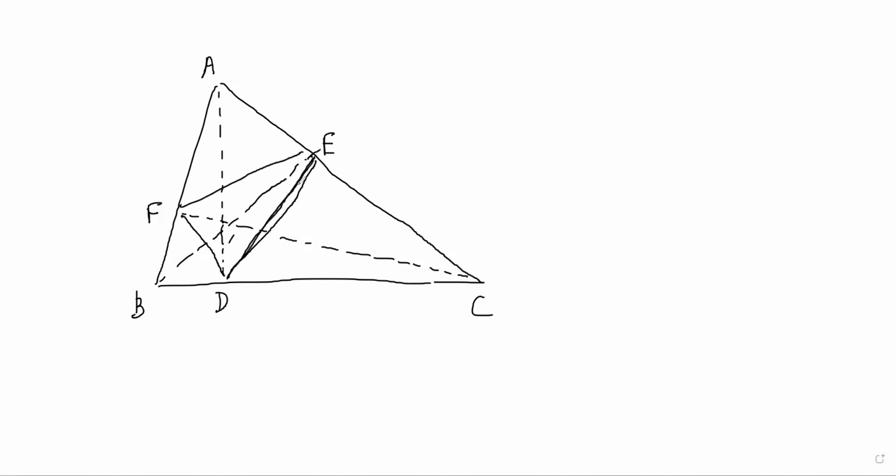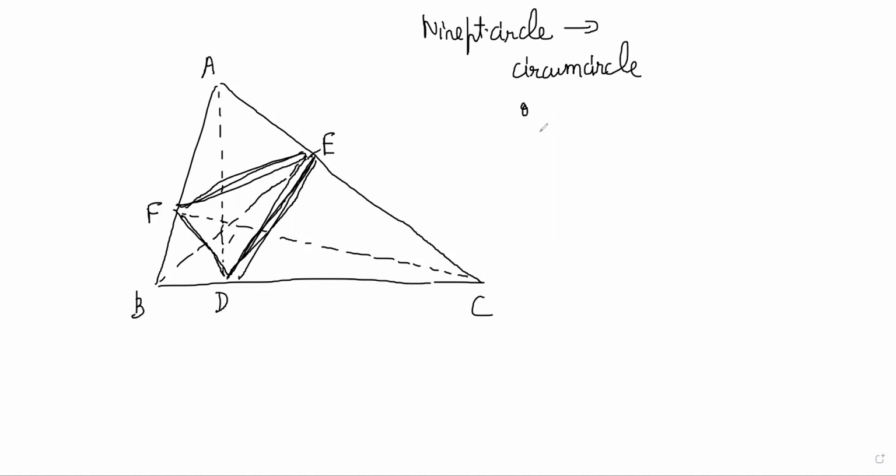Because we know everything about the orthic triangle, no? So the first thing to realize is, what is the 9-point circle? It's the circumcircle of the orthic triangle. Circumcircle of DEF, right? Everyone understands that it has to pass through these points. Forget about the other 6 points. It is the circumcircle of DEF for sure, right?